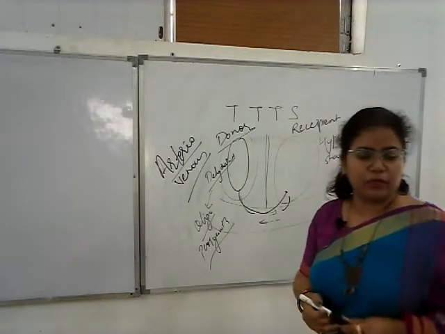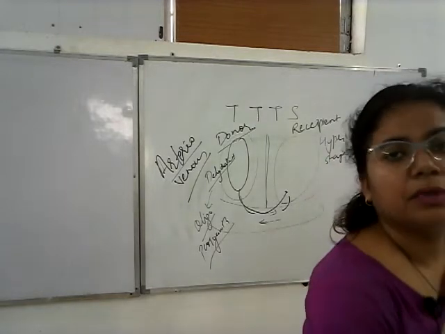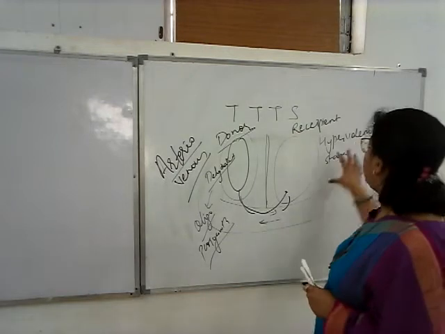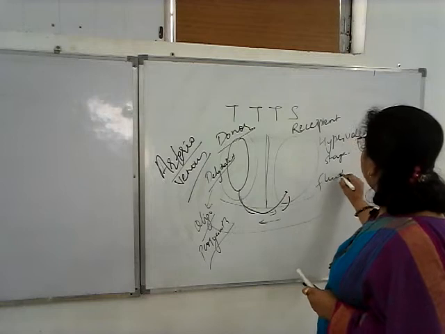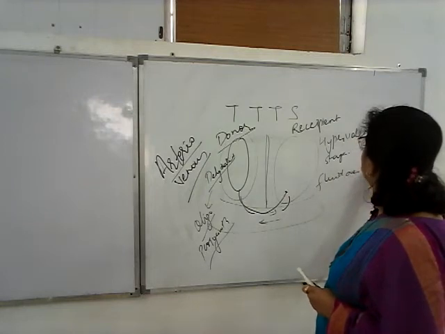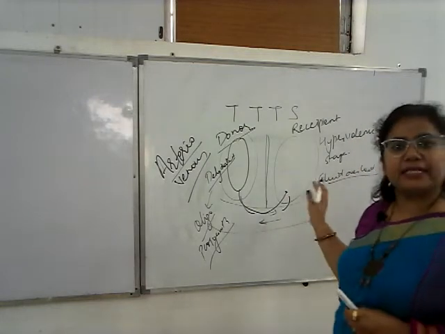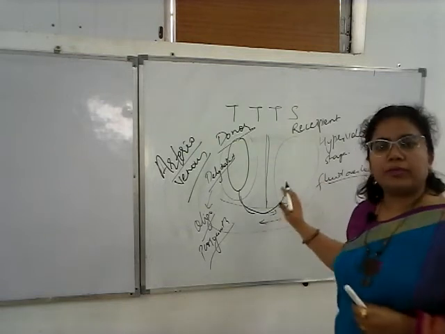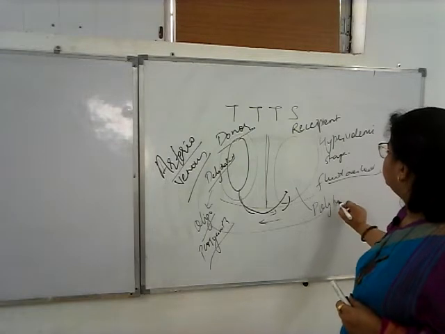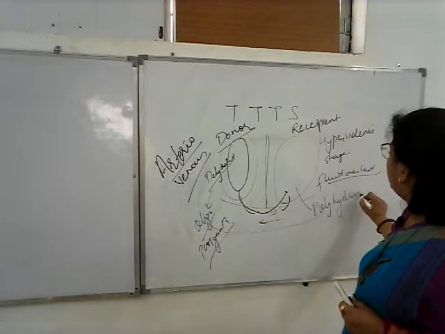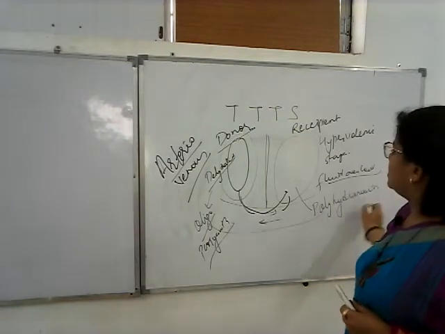Because of this hypervolemia, there occurs fluid overload, and because of this excess fluid, there is excess urine production, and polyhydramnios occurs. Okay, so this is the pathophysiology.